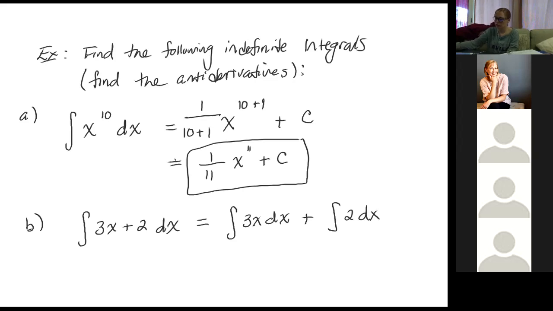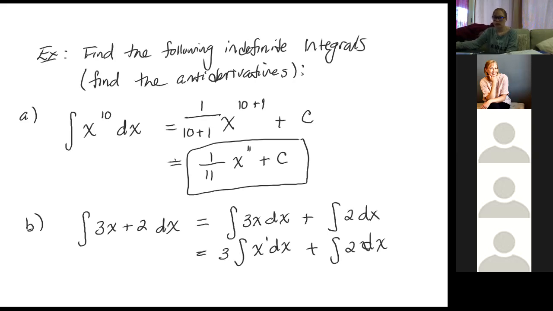Next, the first term has a constant times some function of x, so I'm going to move that constant out front. This is equal to 3 times the antiderivative of x, which I'm going to write as x to the 1 power dx, plus the antiderivative of 2 dx.